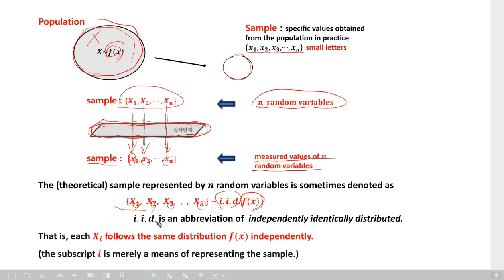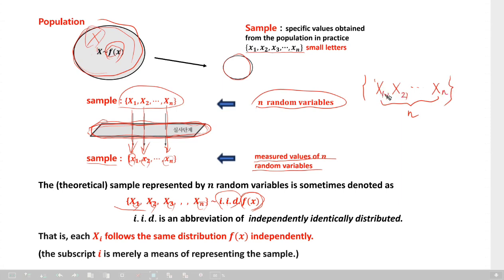So actually, a sample is n X's: X, X, dot dot dot X, n of them. This one is a sample. Take X, X, X, and many X's. But we have to distinguish a single X and the subscripted x1, x2, xn.